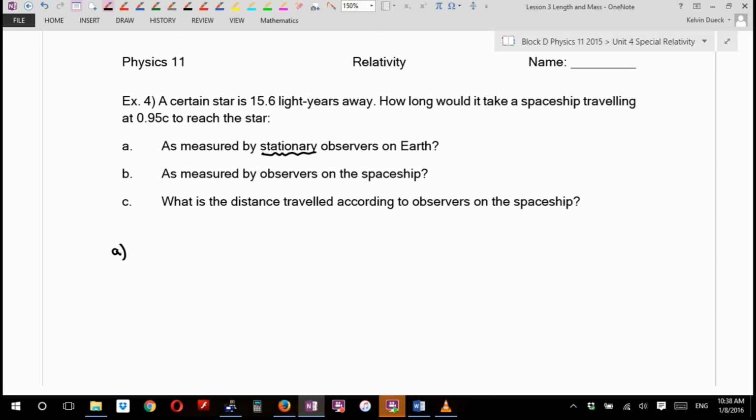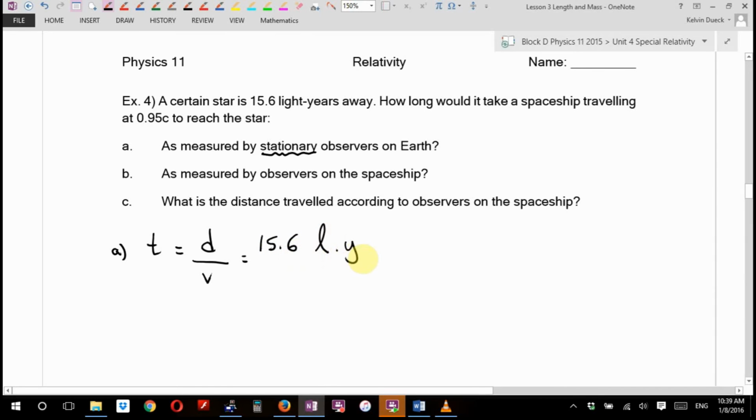We can simply say time is the distance divided by the speed. The distance is 15.6 light years. Can you all look up for 1 second? Just watch. The speed is 0.95 c. Now, I wrote c, but what does c stand for? Speed of light.